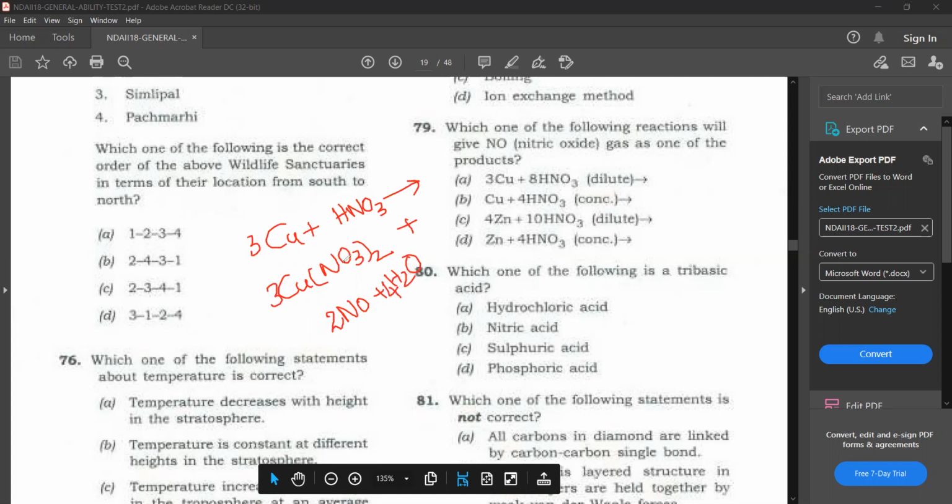While you balance, the coefficients are 3, 2, and here they are giving 8. While balancing, put these numbers. So the first reaction itself gives NO, nitric oxide.